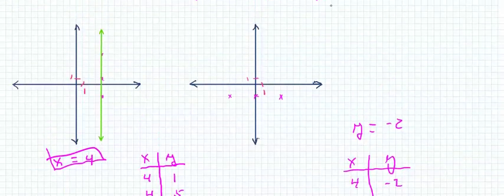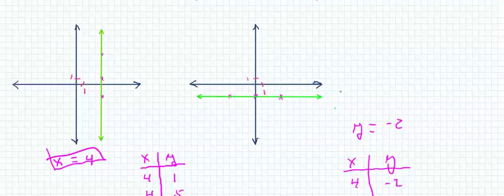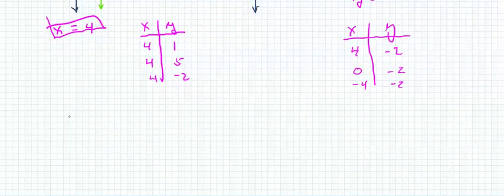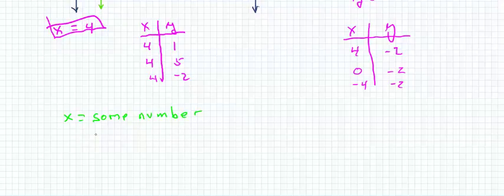All right. So once again, we're going to draw our line through our points, and voila, we're done. So I said these are special cases. If our equation is x equals some number, any number, we have a vertical line.